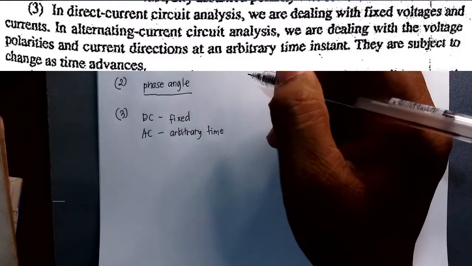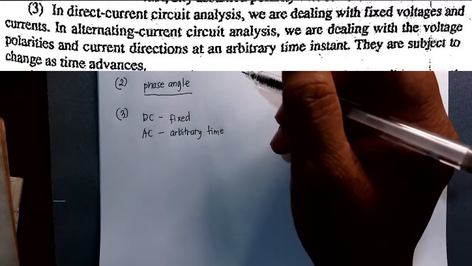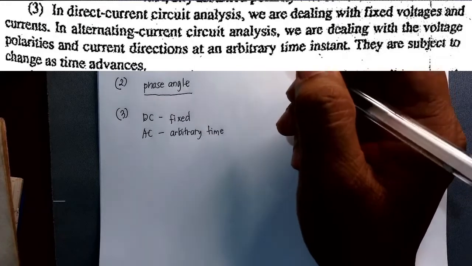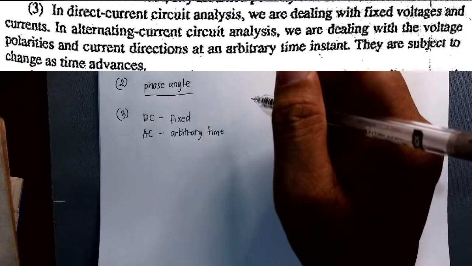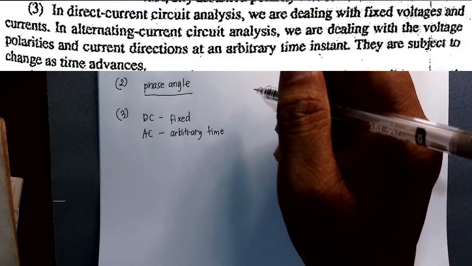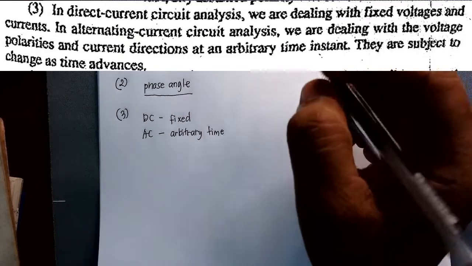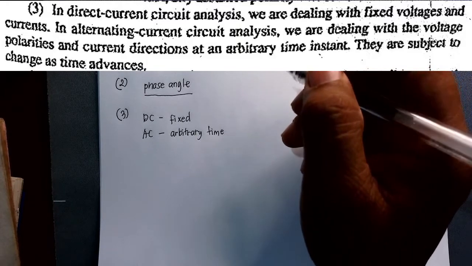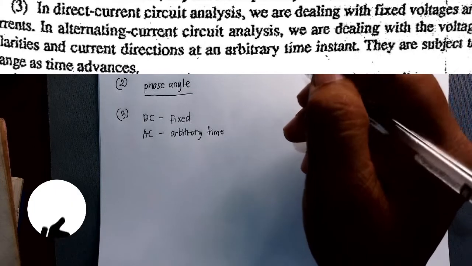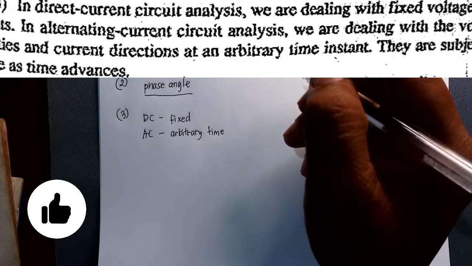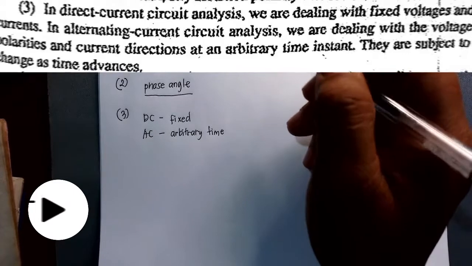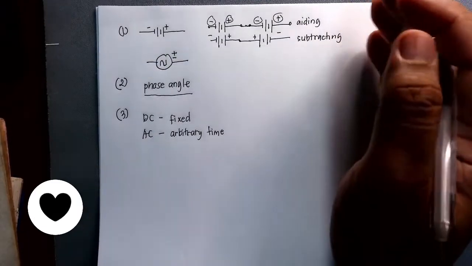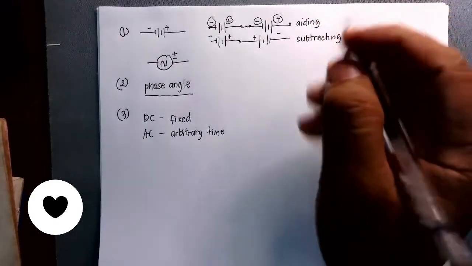So take note that at a certain mentioned time, or at an instant of time, the voltage polarities change. It is subject to the time advancing. So our polarity will be dependent on the time instant mentioned.